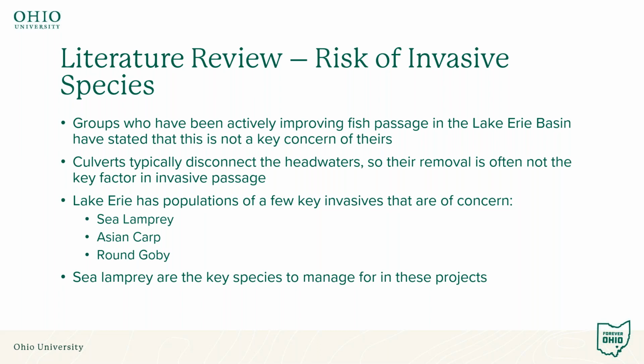And so generally sea lamprey is going to be the stronger swimmer, and so that culvert may not truly be serving as a barrier to them anyway, but rather a barrier to some of the higher quality native fish.